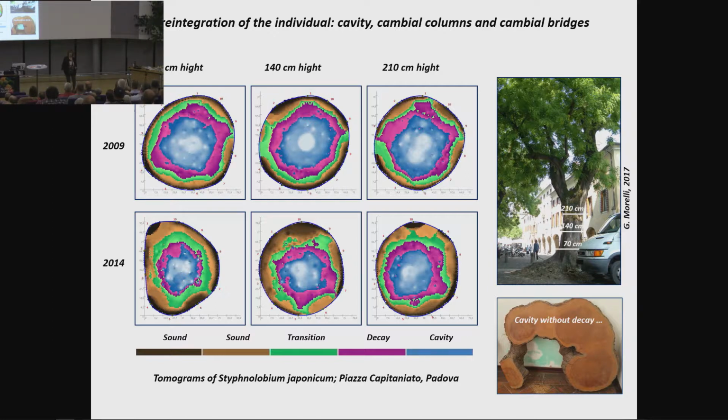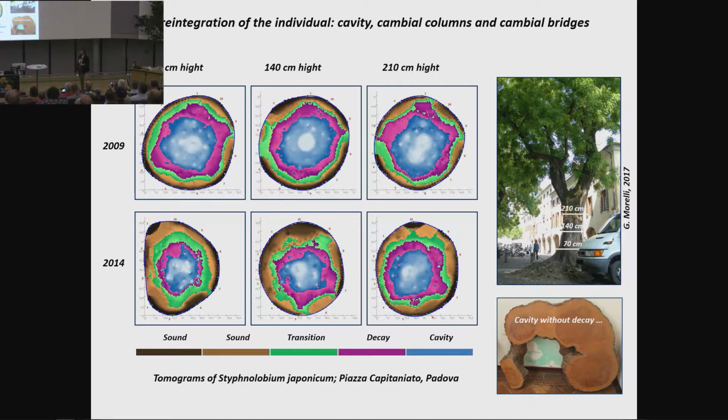In 2009, you can see there was a huge cavity. But when we went back in 2014, the cavity was reducing. And you can easily see the cambial columns at the different heights of the tree, because we measured here, here, and up here.